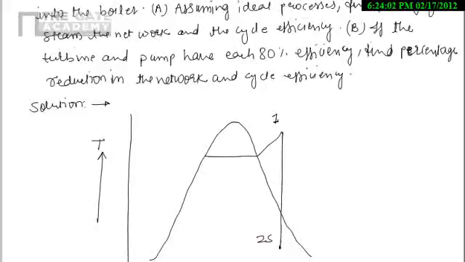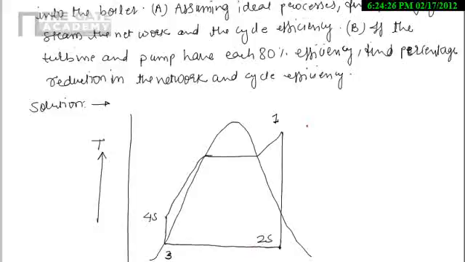After expanding in turbine, we are coming at 2s, and from 2s we are entering into the condenser, and at point 3 we are leaving the condenser. Then 3 to 4s, that is our ideal pump work, and then 4s to 1, that is heat addition in boiler.